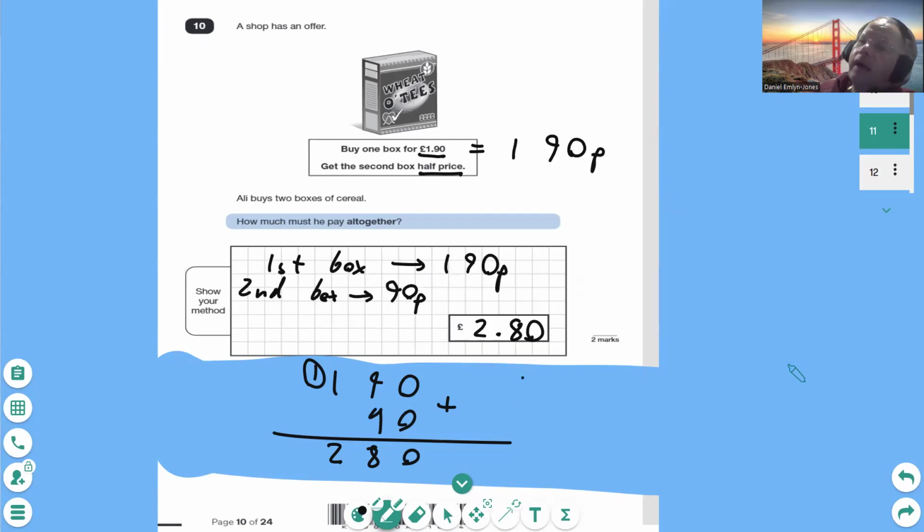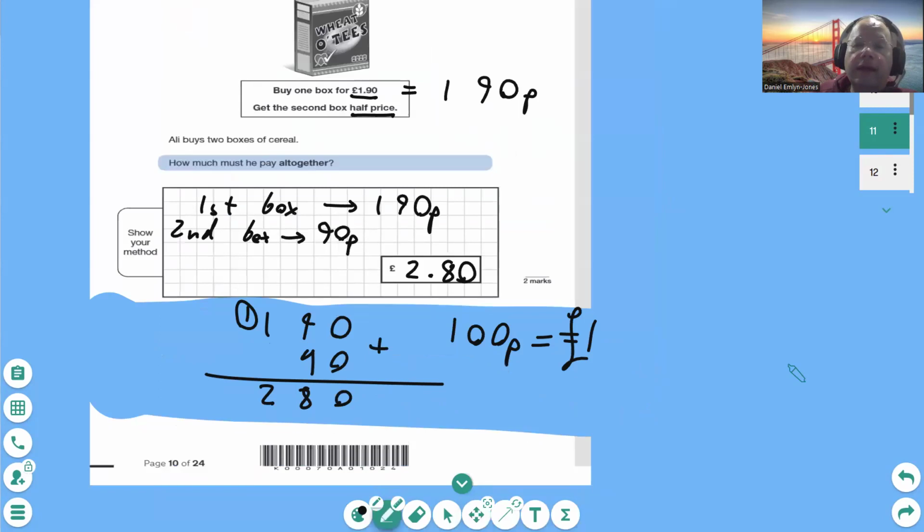But 100 pence equals £1. So you do 280 divided by 100 equals £2.80. You see, the decimal point goes hoppity hop back.